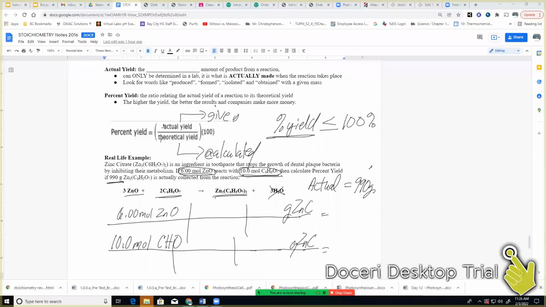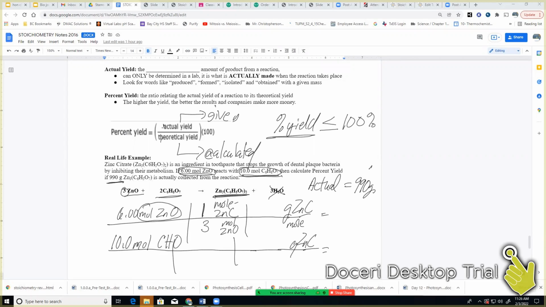All righty, so the first thing we have to do is find out the smaller amount. I'm just going to follow my units. If I'm moles of zinc oxide, I have to be moles of zinc oxide down here. So this is where I'm going to use my mole to mole ratio. For zinc oxide, it's 3, and for my product, there's just 1 mole. And then I follow my units, moles of zinc citrate.